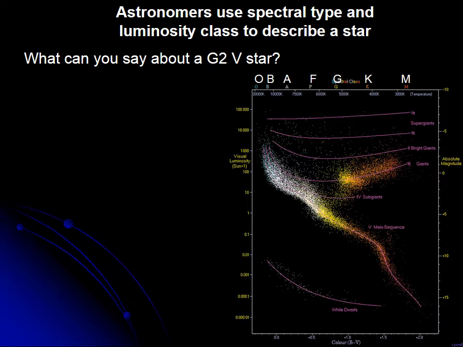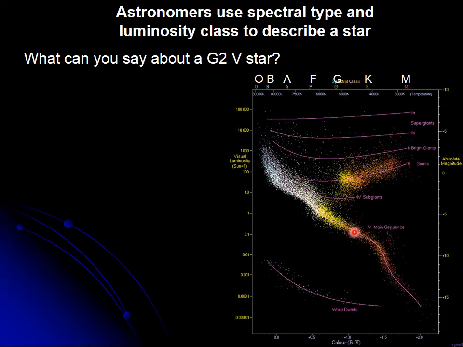So for instance, what can we say about a G2V star? Well, G2 refers to the spectral type, which is G. It goes from G0, G1, G2, so it's going to be somewhere here. We're talking about one of these stars. But since we're told that it's luminosity class 5, then it's going to be down here.